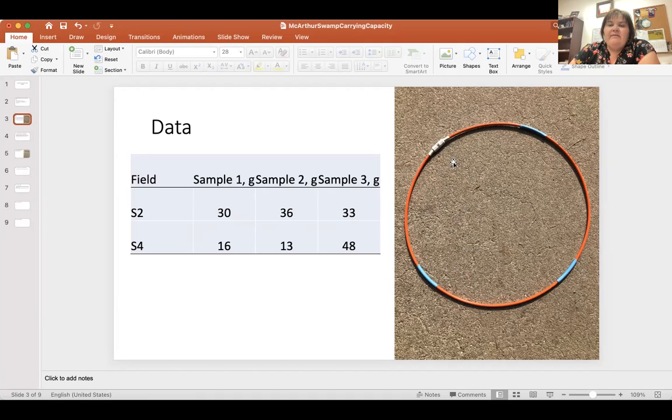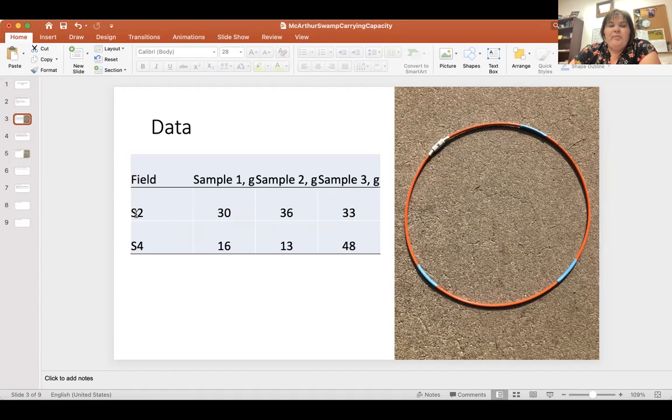And so she collected everything that was in this 0.96 foot squared ring and she put it in a bag. Then she tared the bag and she weighed how much the sample was. So she did that 3 times in each pasture.